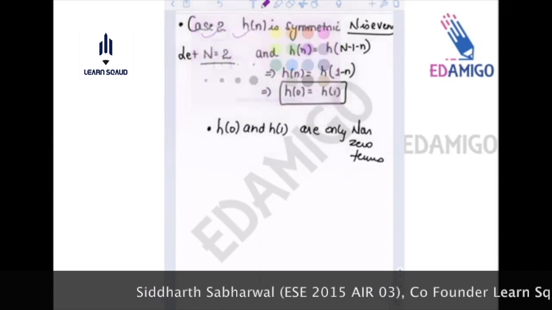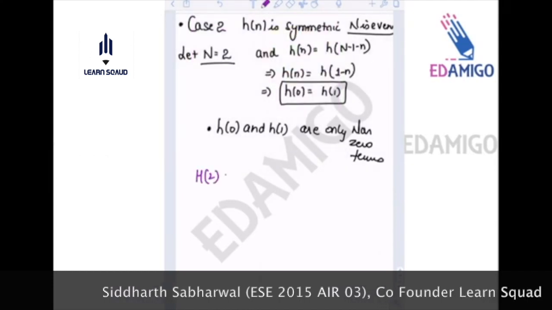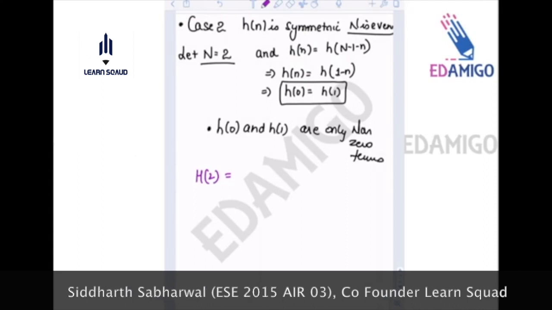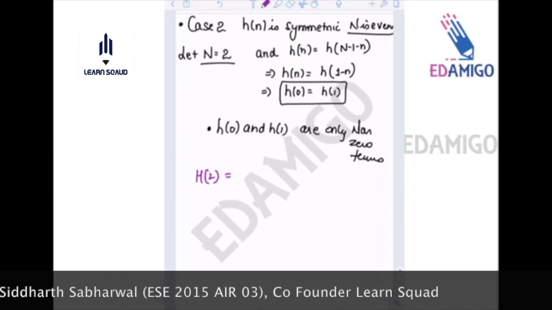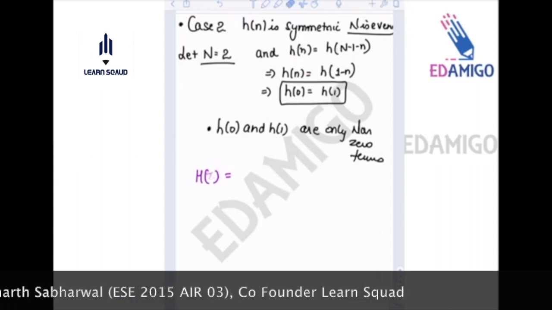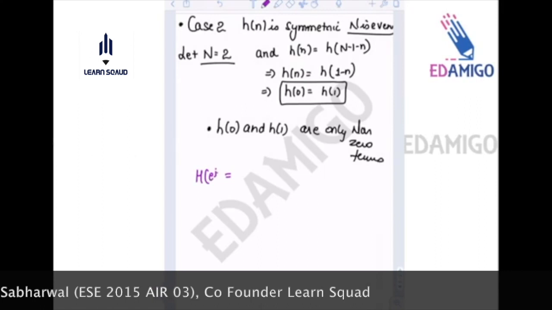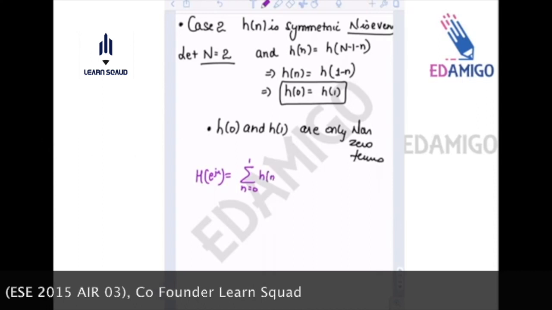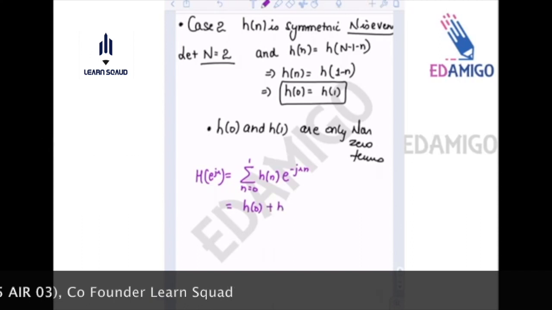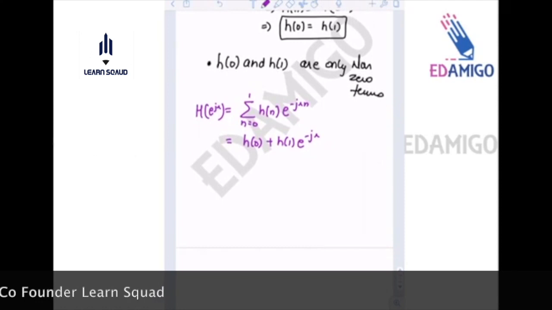Okay, so these are actually the examples I am taking, so that the examples are very simple and we can easily get to the conclusion without any problem. So H(e^jσ) will be equal to the sum for n equal to 0 to 1 of h[n] e^(−jσn), that is h0 plus h1 e^(−jσ).